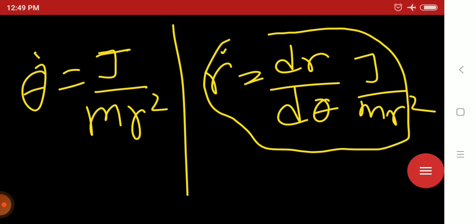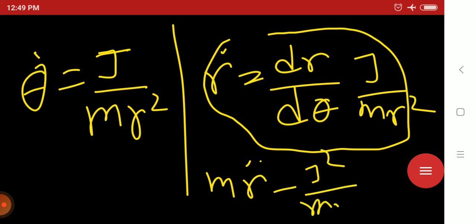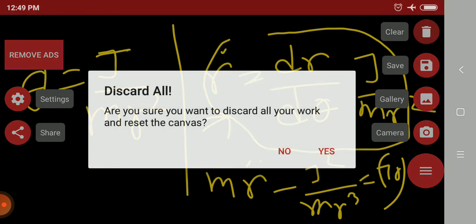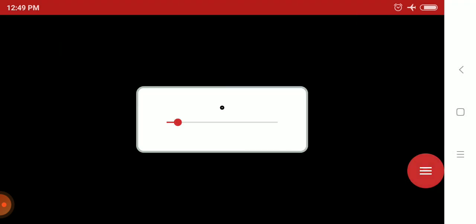Now in the equation we have mr double dot minus j square by mr cube equals f of r. So we have to derive r double dot. We have to differentiate r dot once again with respect to time.